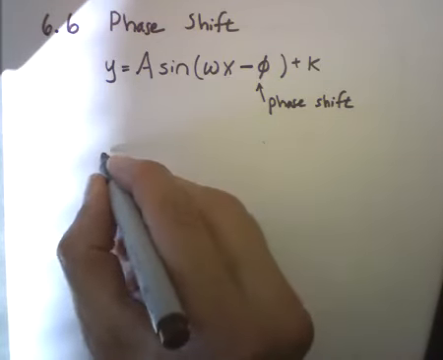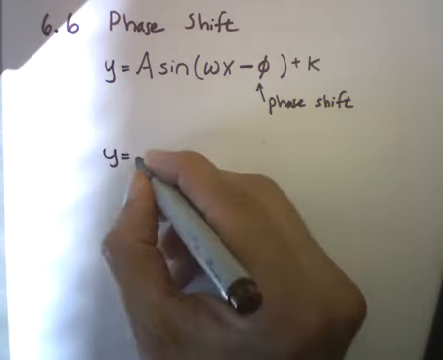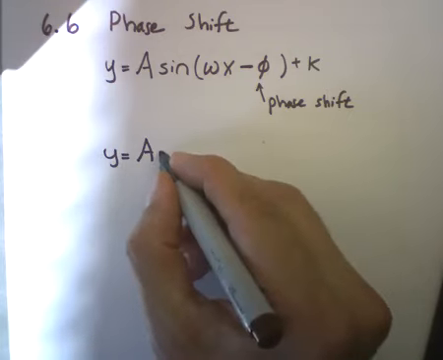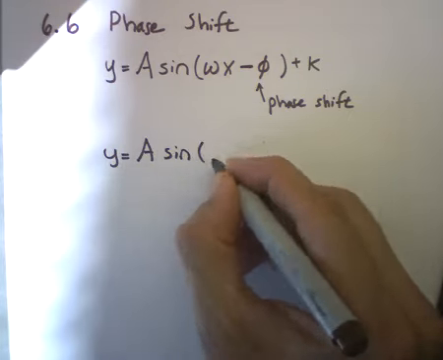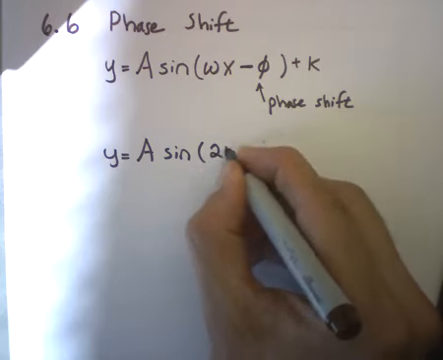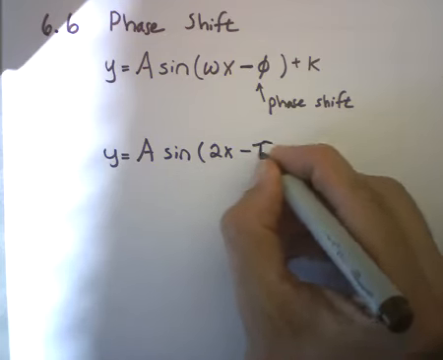So let's just look at an example of saying sine 2x minus pi.